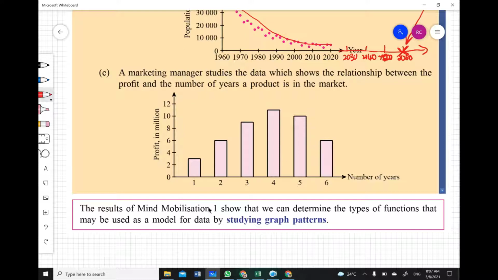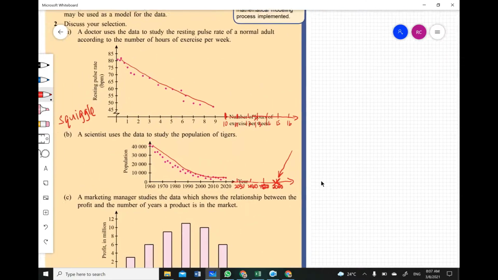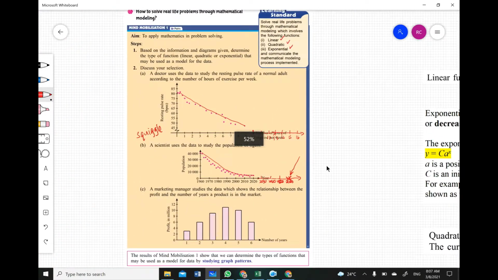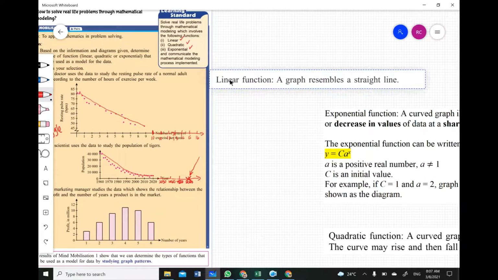Okay, so this graph, it shows that we can determine the type of function that may be used as a model for data by studying the graph pattern. Okay, now we move on. From the graph that you identified just now, I move everything to the left here. So you can see the first one we assume is a linear function. What is a linear function?